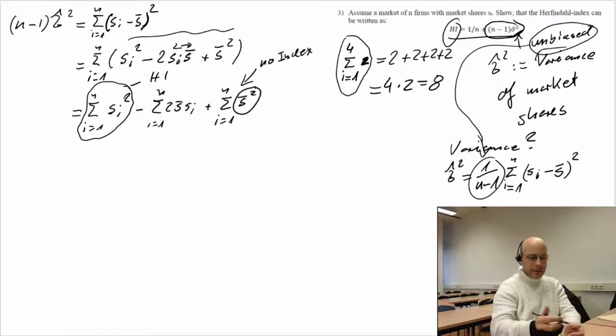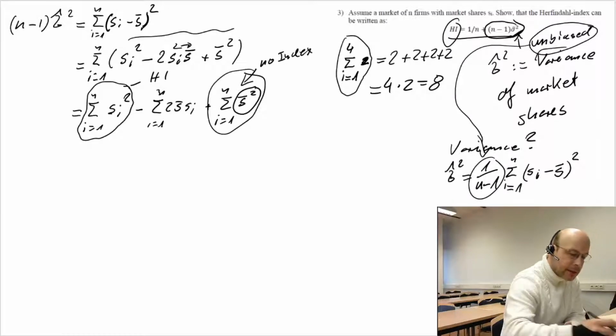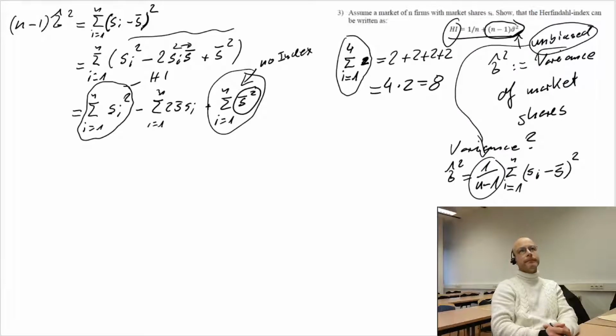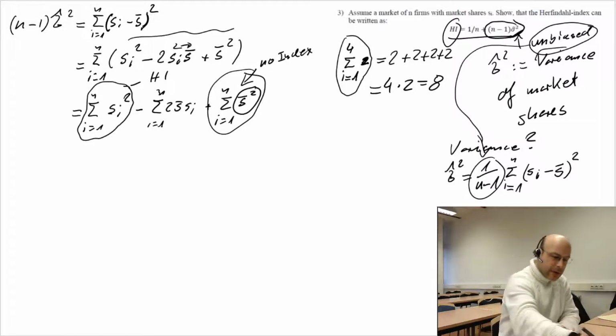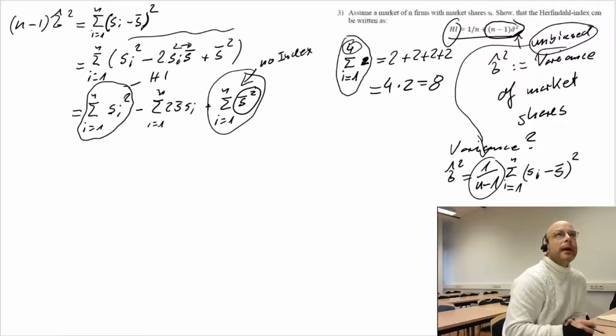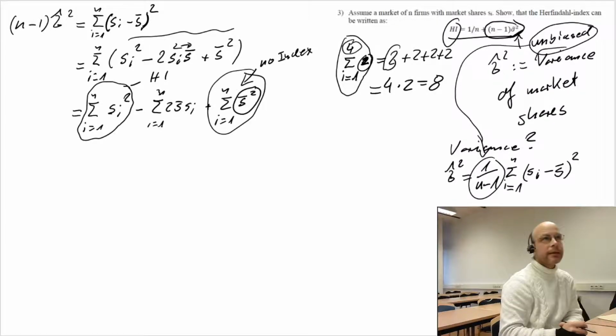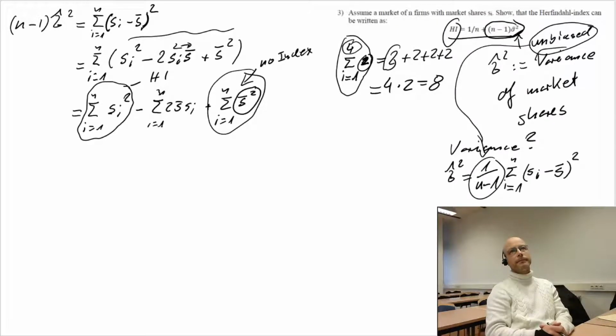And using this, what is then this sum in general? So then you have to identify your 4 as n and your 2 as s bar squared.